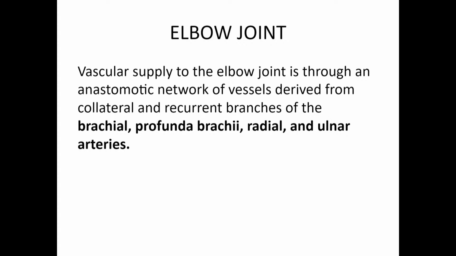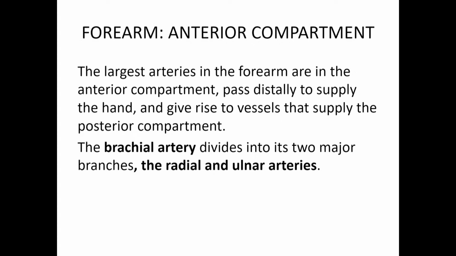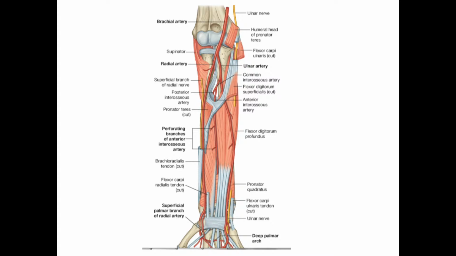And in the forearm, the largest arteries are in the anterior compartment, and they are going straight ahead, supplying the anterior forearm, and they are also anastomosing and giving us the blood supply of the posterior compartment. The major arteries there are the radial artery and the ulnar artery, right?